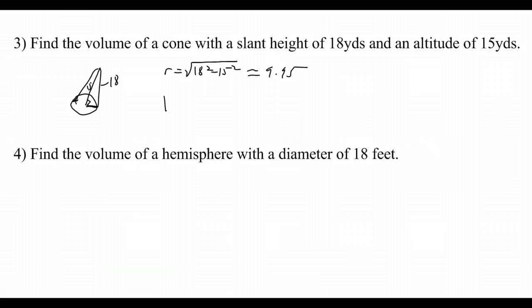So my volume is going to be 1/3 times the radius, 9.95 squared, times pi times the height, which is 15.